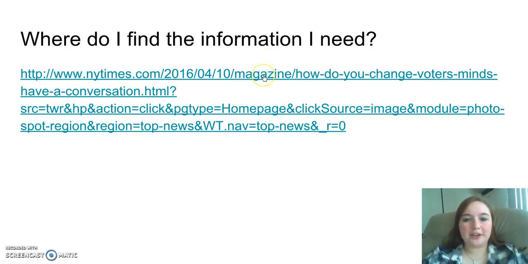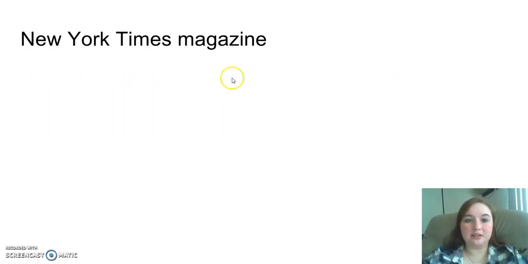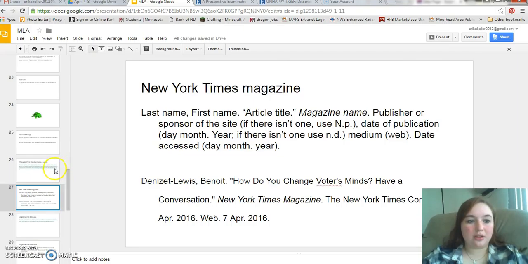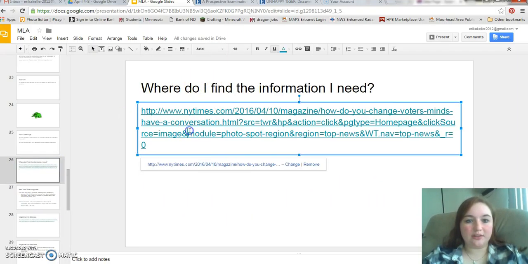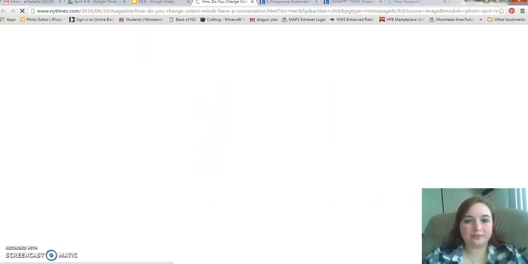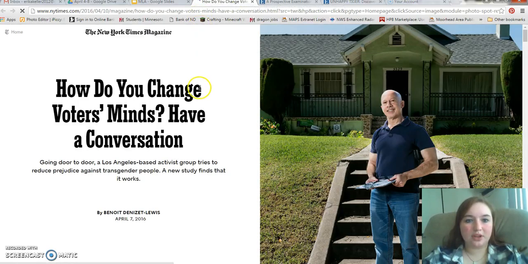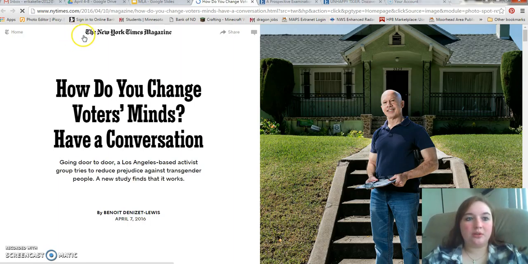Alright, so where do I find the information I need? I'm going to go through some examples with you. So I picked out this magazine article that I will show you where to find the information. Alright, so this is the magazine article I found, and this will be the information that you would look for.